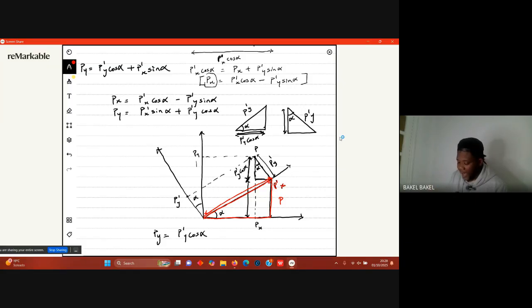So this particular height would be P prime x sine alpha. So you know that we've gotten this height and we have this height. So Py would be P prime y cos alpha plus P prime x sine alpha.